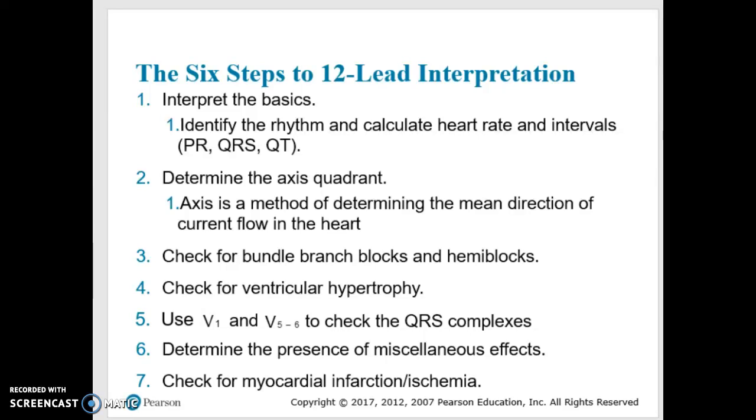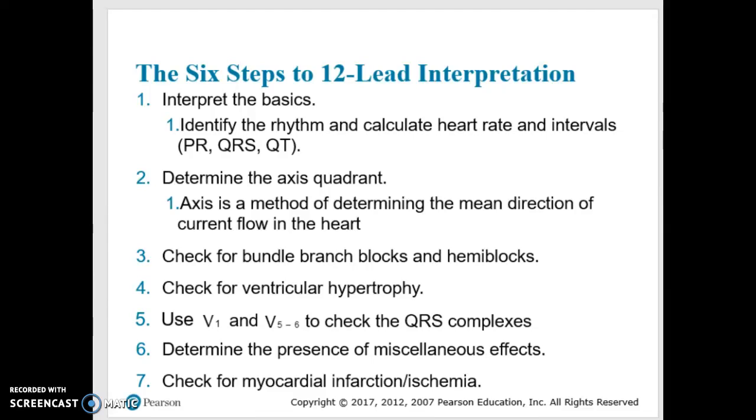Just remember, with the wide QRS, that we think there's either, number 1, something going on in the ventricle, or number 2, it could be a block that's occurring in the bundle branches that's in the ventricle part of the electrical pathway. And then a prolonged QT interval is herald for lethal arrhythmias. So if you have a prolonged QT interval, that is something to definitely be very concerned about.